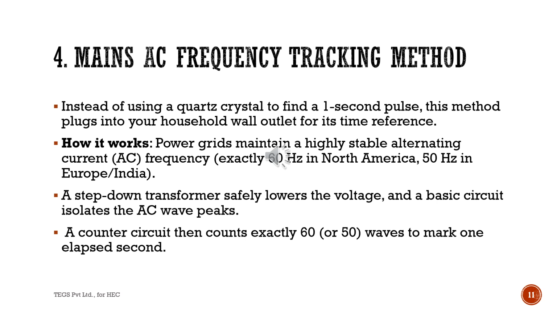It is 60 Hz in North America and 50 Hz in Europe and in India. A step-down transformer safely lowers the voltage and a basic circuit isolates the AC wave peaks. A counter circuit then counts exactly 60 waves to make one second.